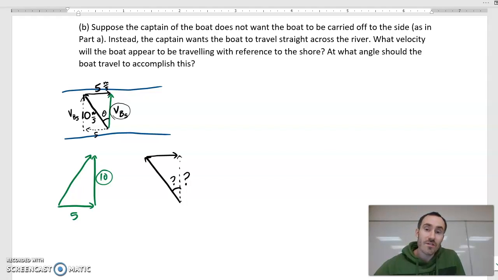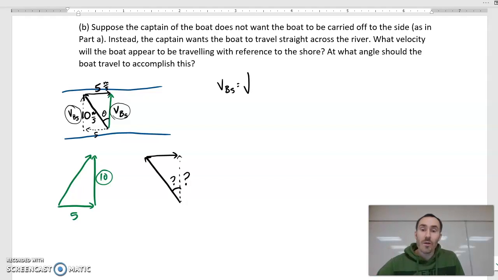Or you can consider the 10 meters per second to be the hypotenuse, and you're splitting that velocity into its components. 5 meters per second is counteracting the current, and the other component, whatever that is, is the velocity we will actually be traveling with to the other shore. Okay, so I'm going to use the bold version, but you can use the dotted line version if you want to. No big deal. We're still doing VBS is equal to the square root of.